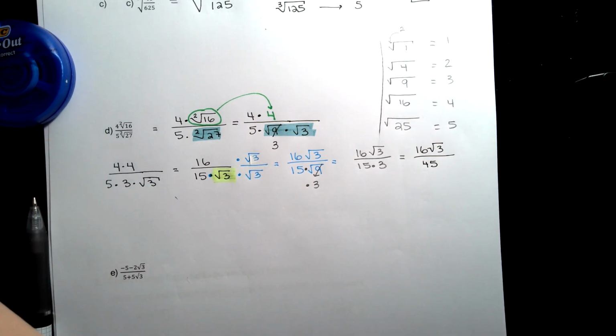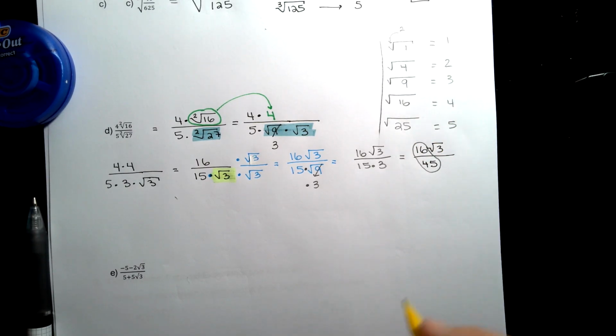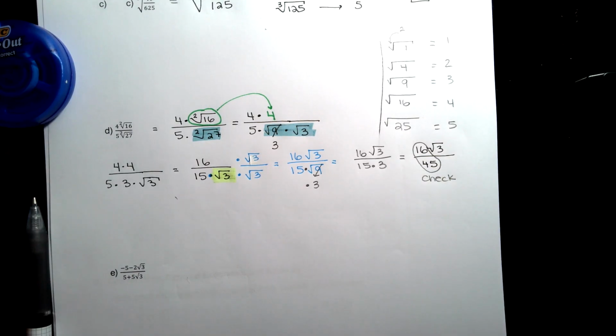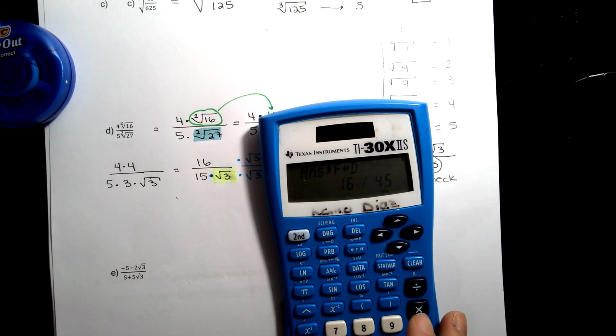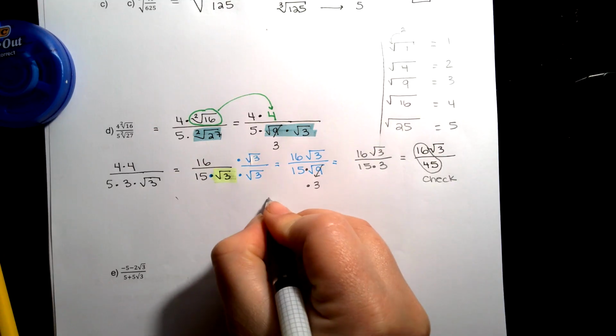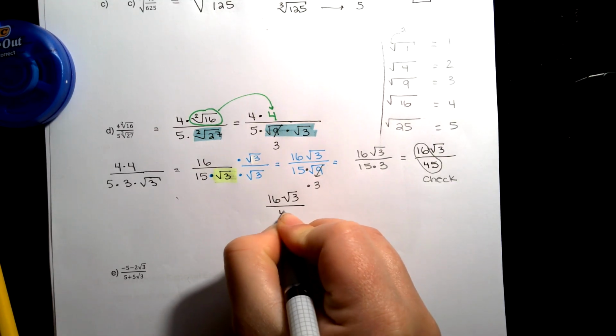And because these right here are both outside of the radical, outside of the square root, we need to check if these numbers can simplify. So 16 divided by 45, nope. And no, it does not simplify. So we end up having our answer as 16 square root of 3 all over 45.